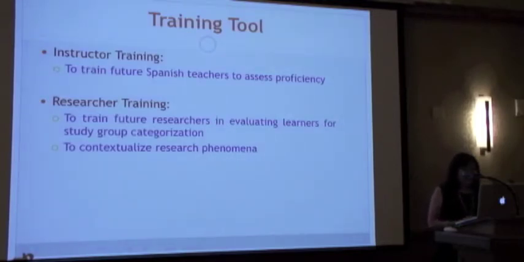And secondly, to be used as a corpus for research for future researchers, my graduate students, in evaluating proficiency, and also to look at research phenomena. Let's say they're looking at a grammar feature, they can easily see how it's carried out across proficiency levels.